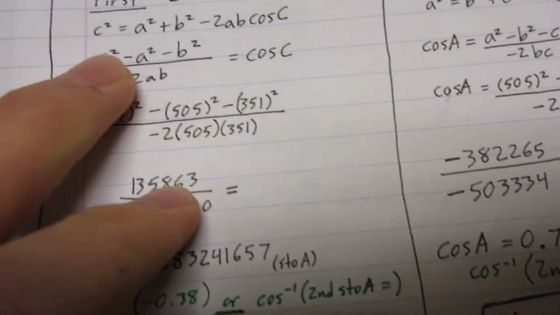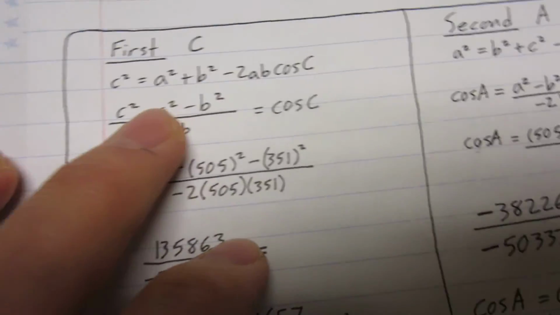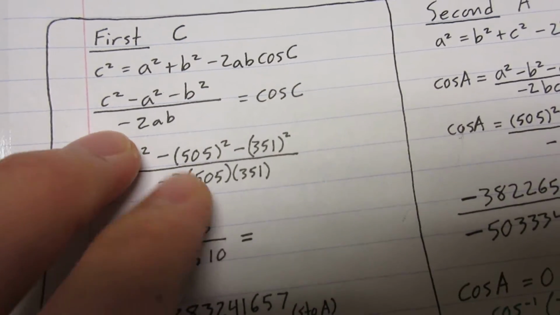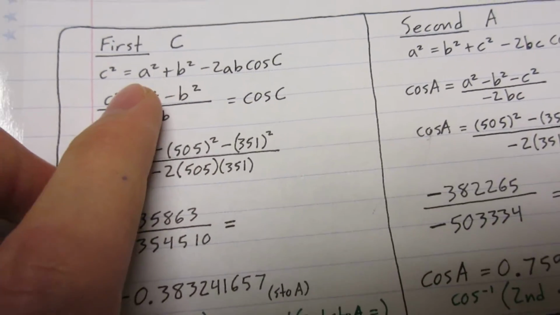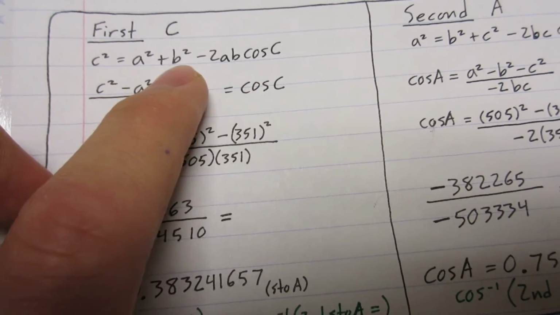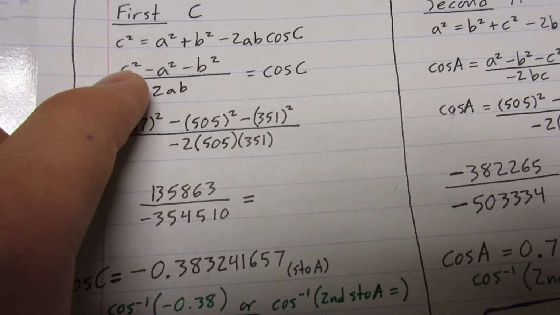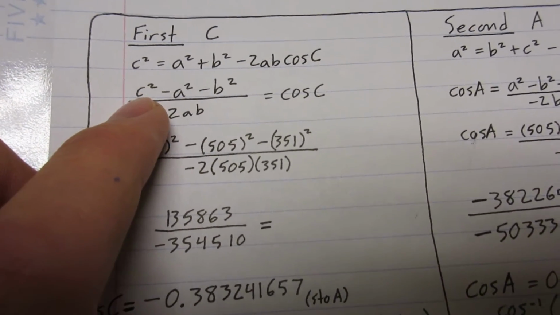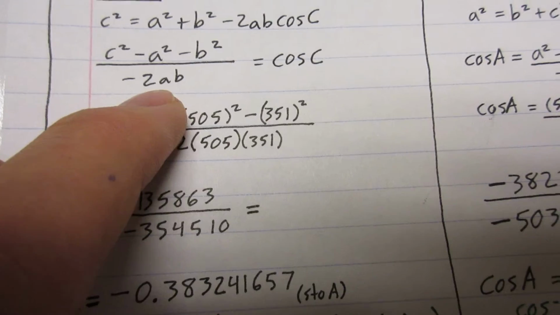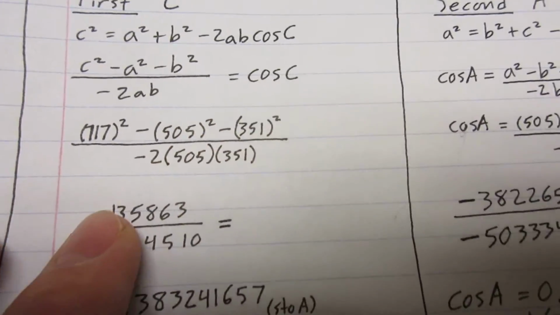I used the cosine law, and I brought all of my variables over here. I subtracted them over to the c squared side, and then I divided by -2ab to get cosine by itself.